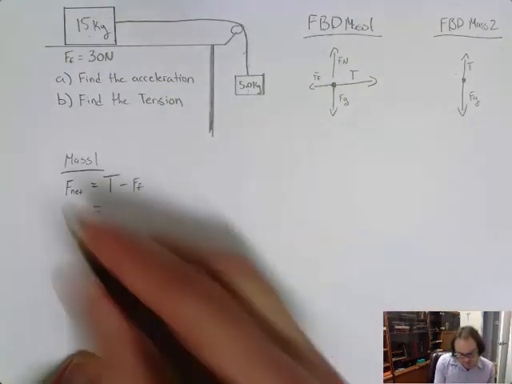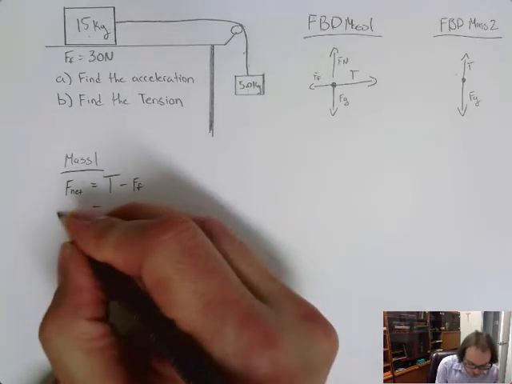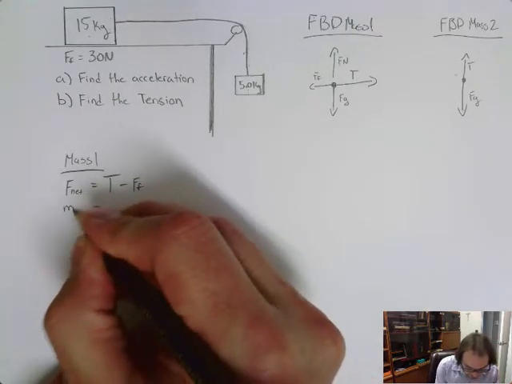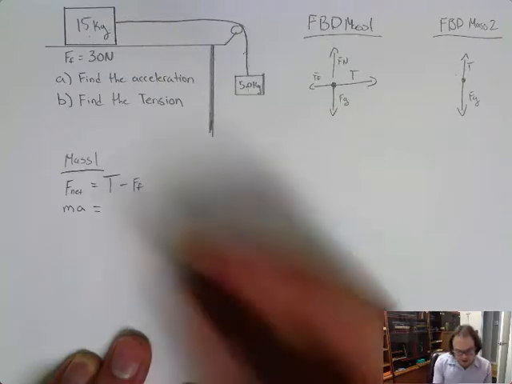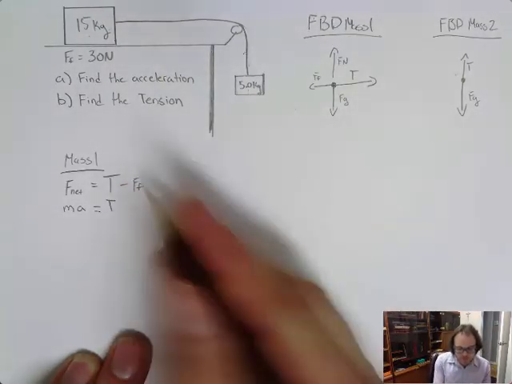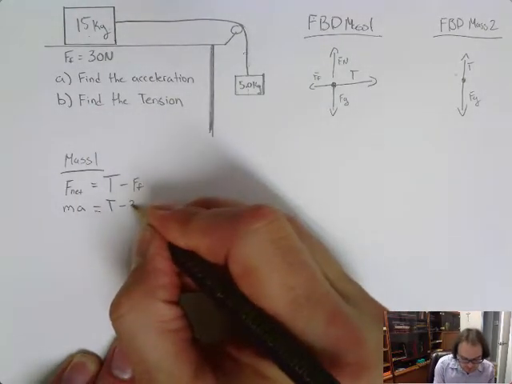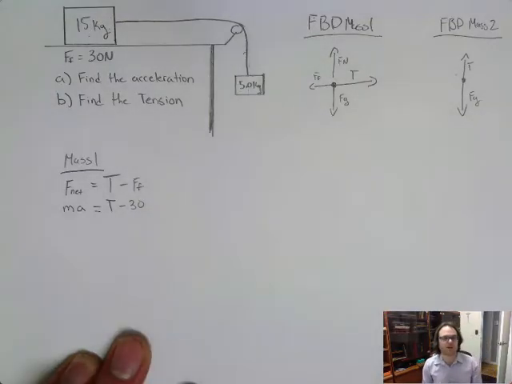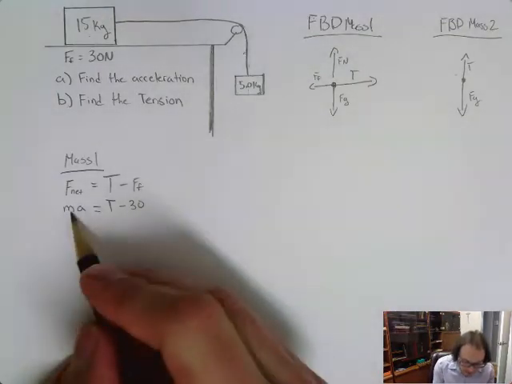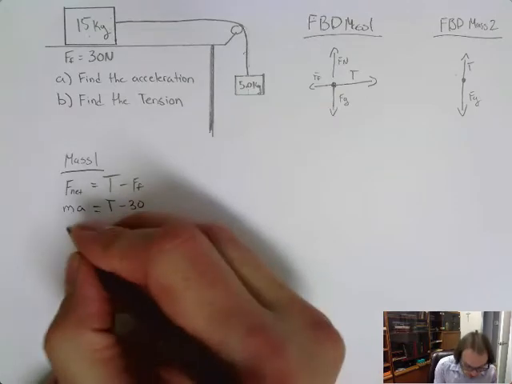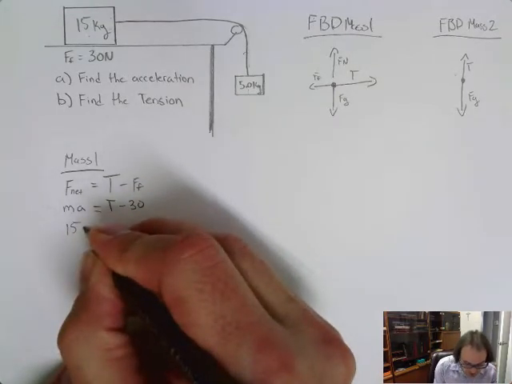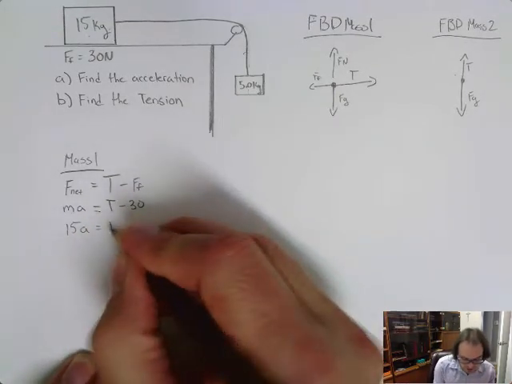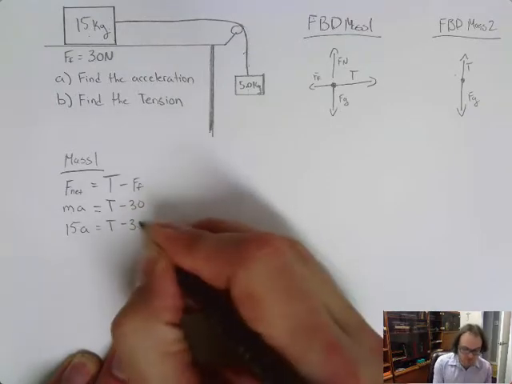So my net force is equal to mass times acceleration. My tension is just going to be tension, and my force of friction we know is 30 newtons. Now we know the mass is equal to 15 kilograms. So I have 15 times my acceleration is equal to my tension minus 30 newtons.